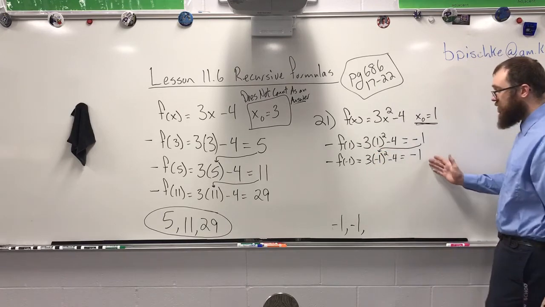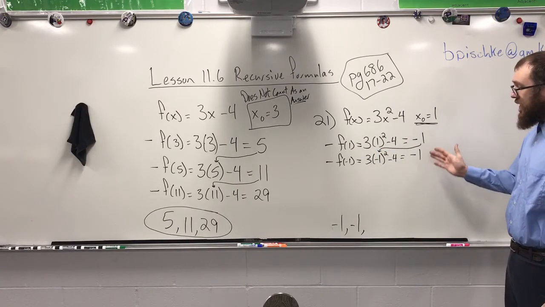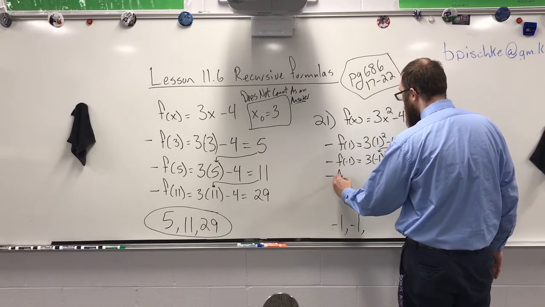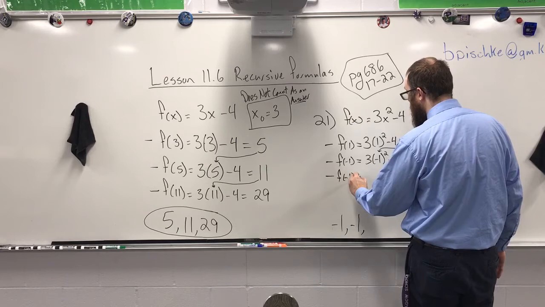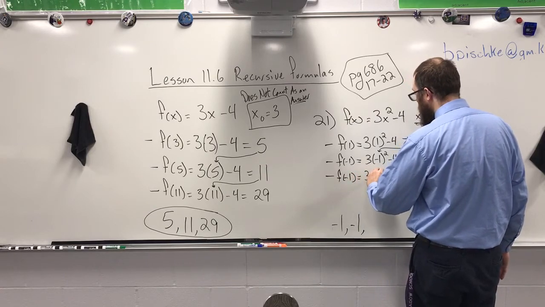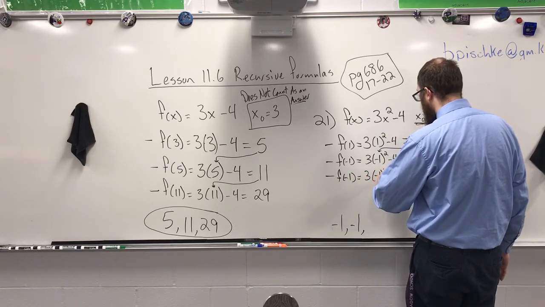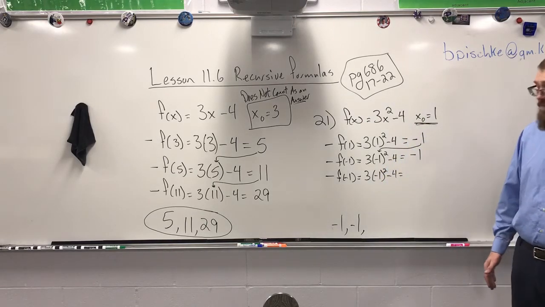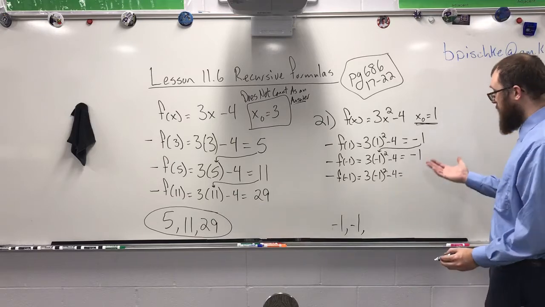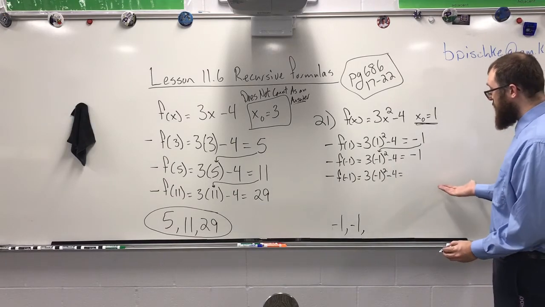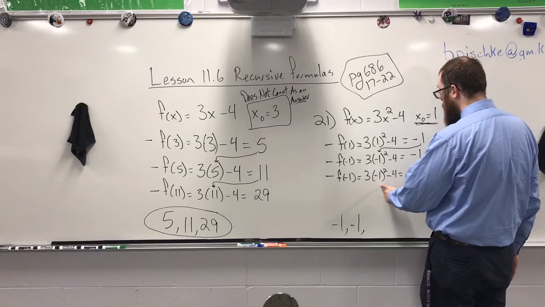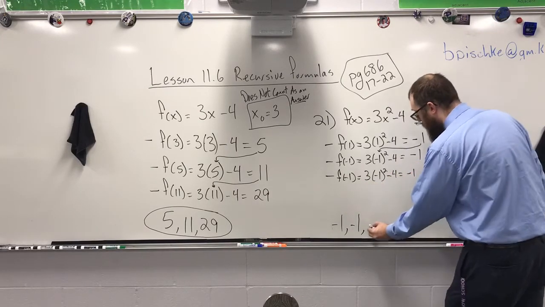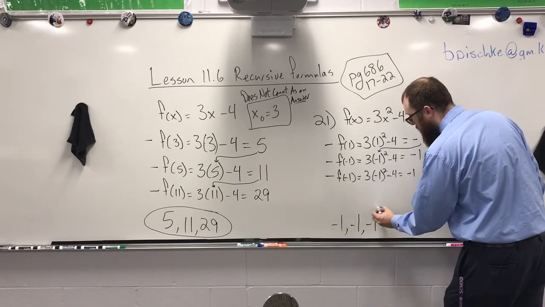I'm going to take that new negative 1 answer and plug it back into the formula to find my next solution. Obviously, for those of you following along, the answer is going to be negative 1 again, right? Because it's the same formula, same process. Negative 1 squared is 1, times 3 is 3, minus 4 is negative 1. And that does happen sometimes.